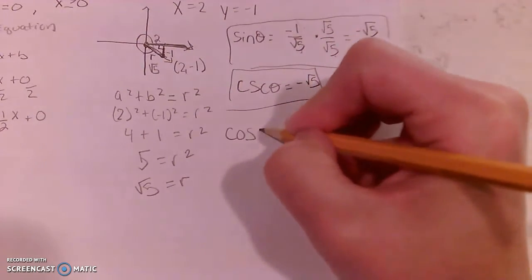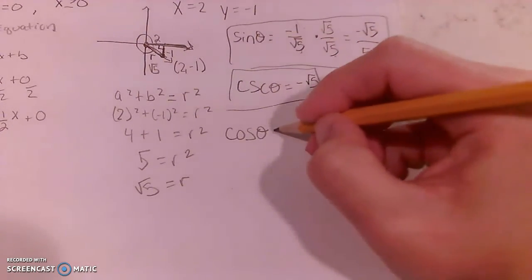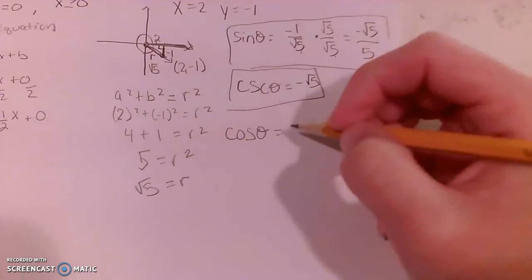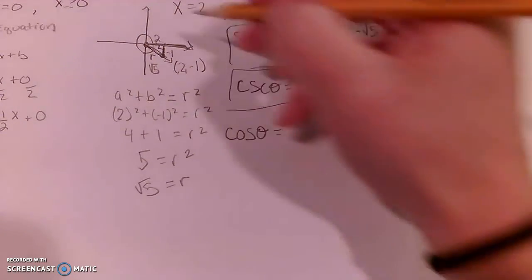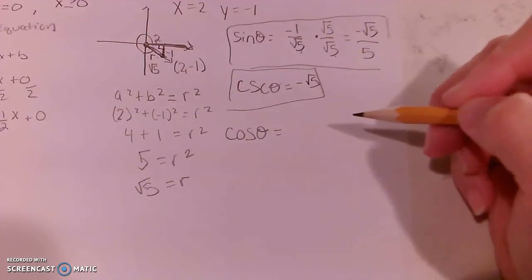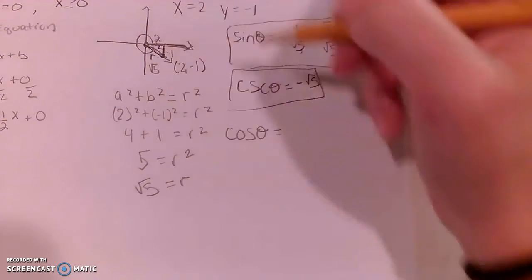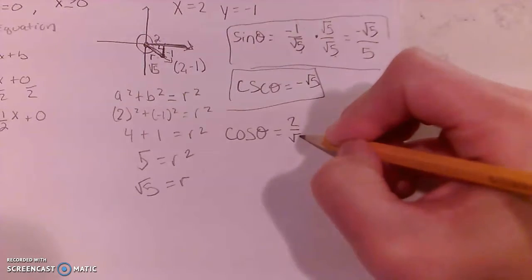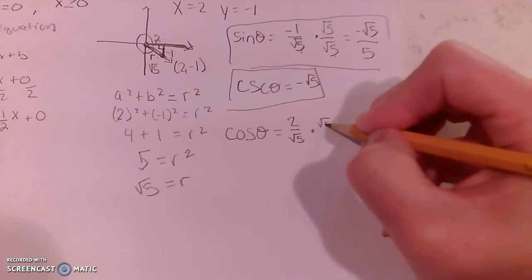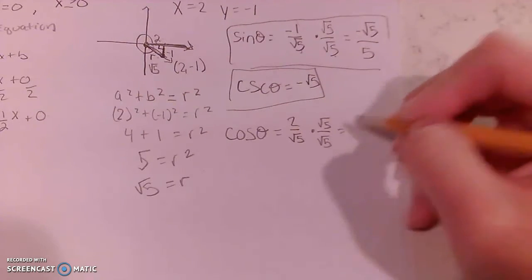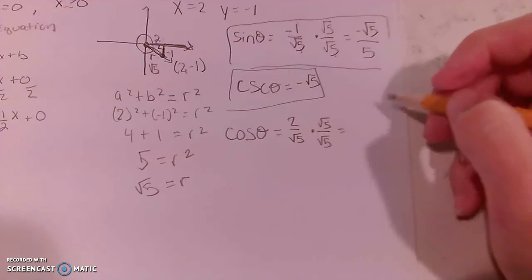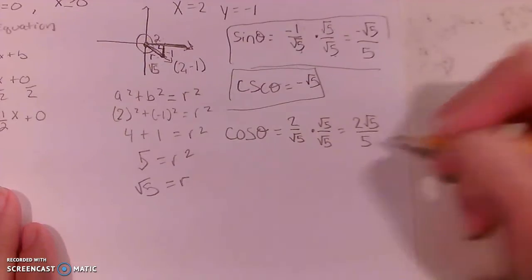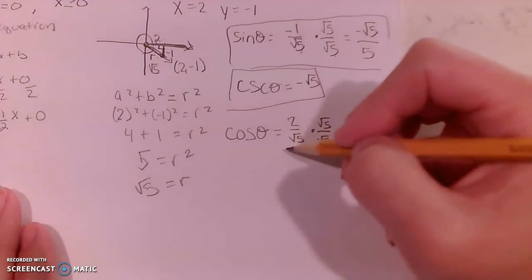Next, cosine. Again, cosine is x over r, and sine is y over r. So think of your y coordinate over your r. Cosine is x over r, or you can think of adjacent over hypotenuse, the side adjacent to the angle over the hypotenuse. So that's going to be 2 over root 5. Same problem, I have to rationalize the denominator and multiply by root 5 over root 5. I get 2 root 5 over root 5 times root 5, which is 5. So that's your cosine.